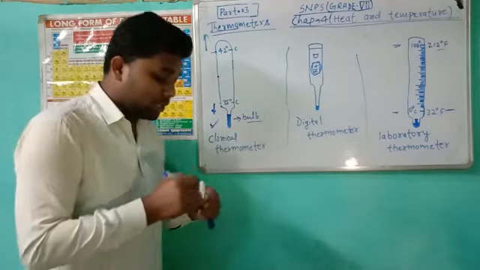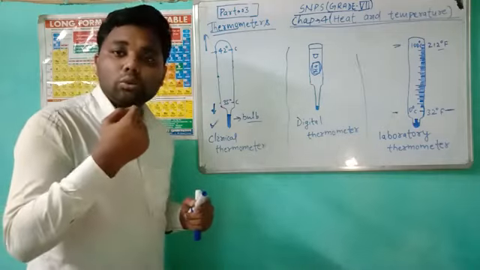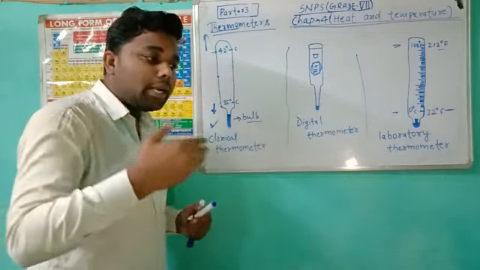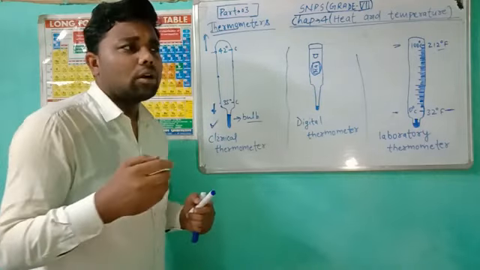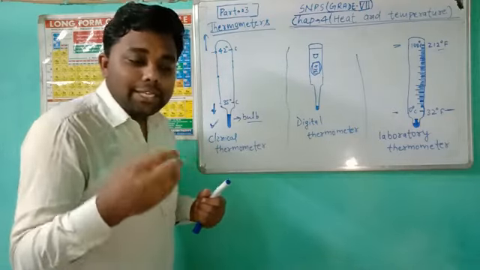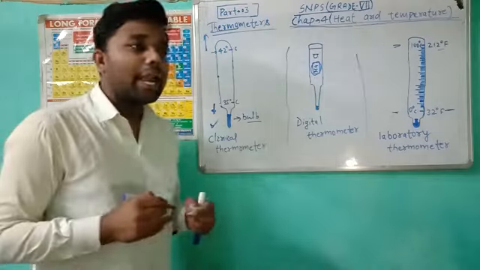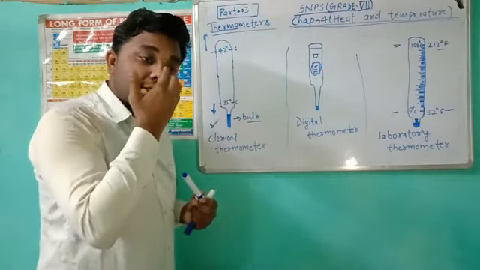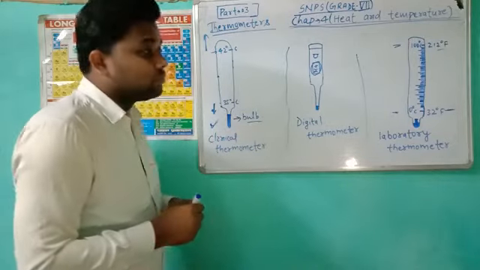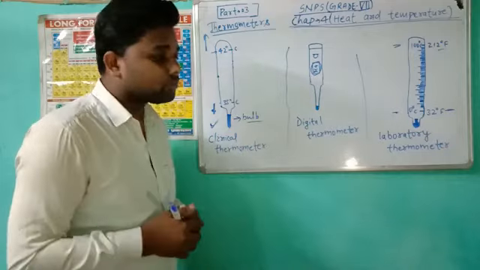And the second step is we put the thermometer into our mouth, under our tongue, or under our armpit. After about 1 minute, we can observe the rising position of the mercury, and we can see the temperature of our body. This is how we use the thermometer.